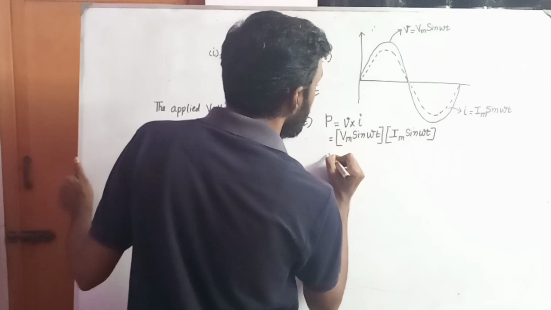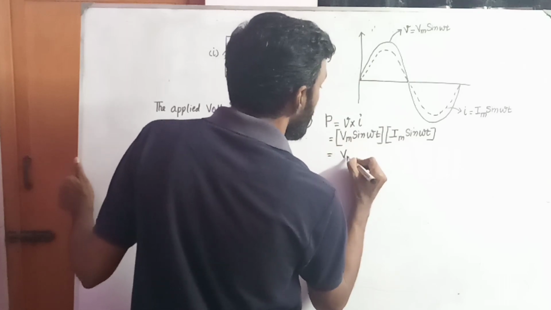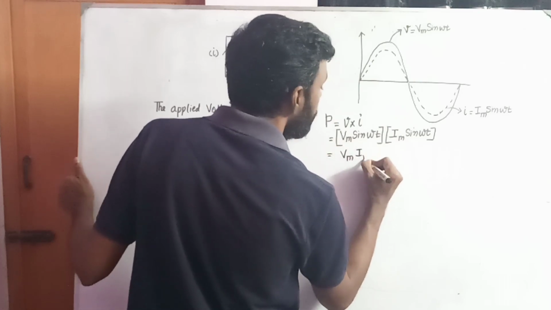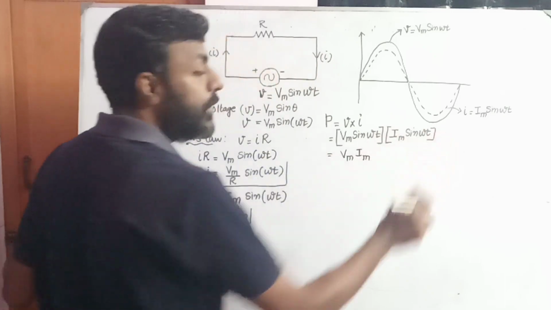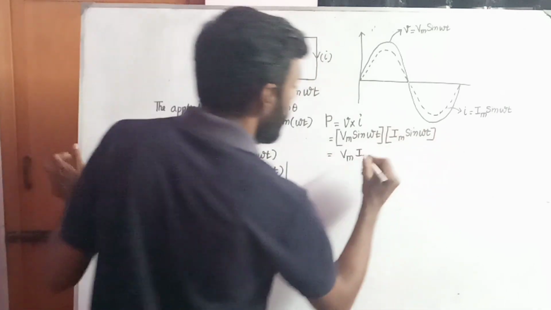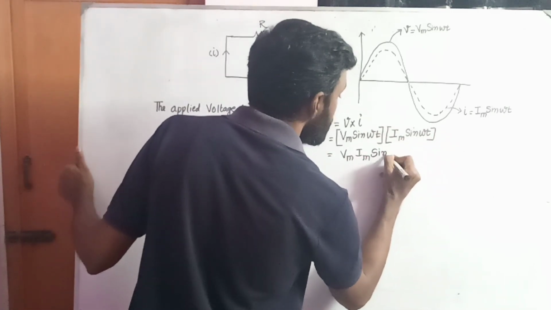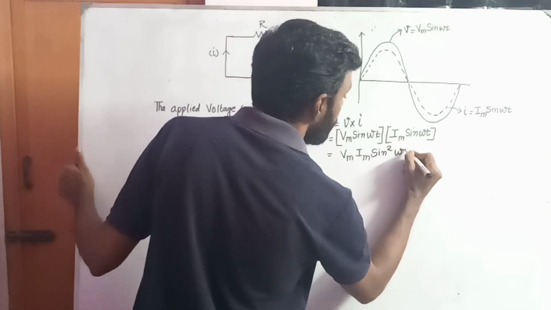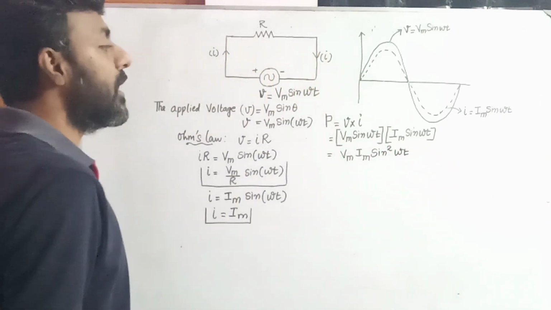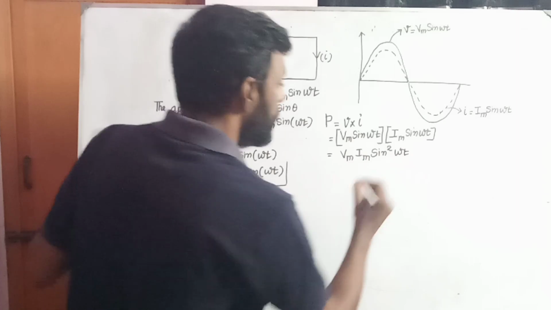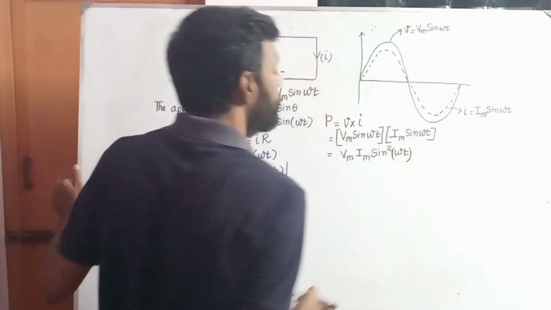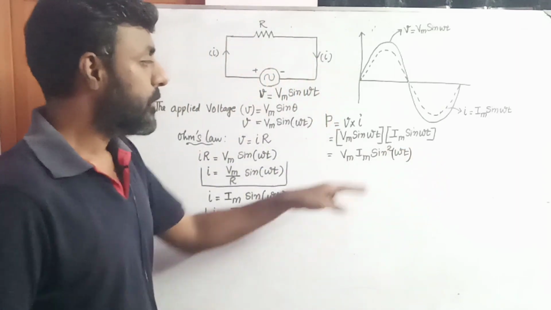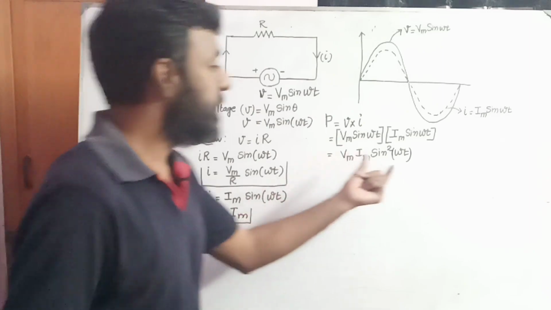So that will be equal to Vm into Im into sine omega t into sine omega t, which will be sine squared omega t. So this is the value we are getting, sine squared omega t, right?